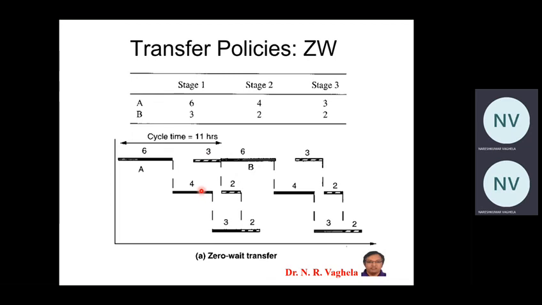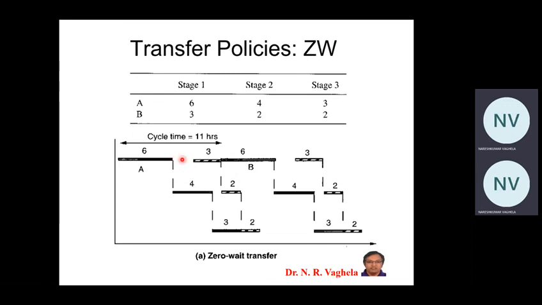Stage 2 is not free after 3 hours, because stage 2 for product A has 4 hours of processing time. So after 3 hours, a 1 hour holdup is required for product B in stage 1, because stage 2 is not free. Stage 2 has a 4 hours processing time, so stage 2 is free after 4 hours. So 1 hour of holdup of material B is required in stage 1, but in the zero wait policy no holdup is possible.